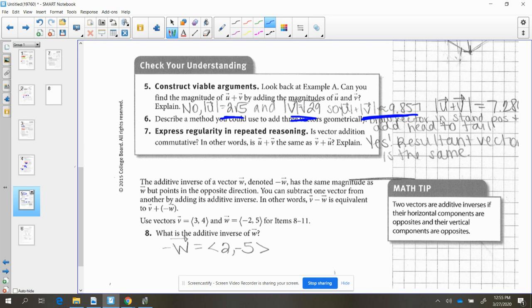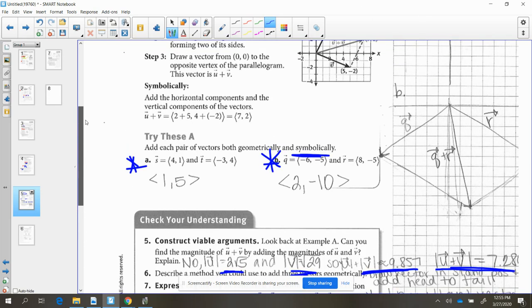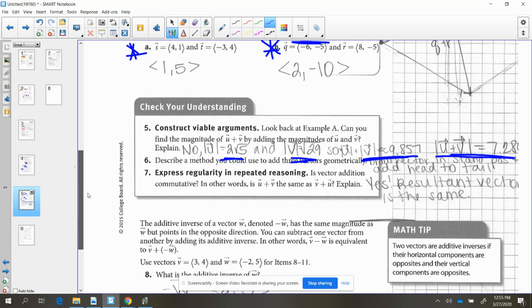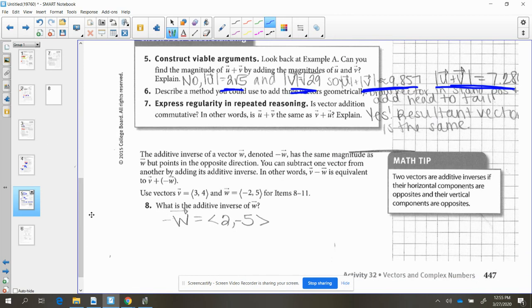Notice that the individual magnitudes added together are not the same as that resultant vector's magnitude. Using the example from up above again, when we found the magnitude of 7, 2, it was not the same as the two individuals added together. So when they ask you for the magnitude of u plus v, it is different than just taking the magnitude of u plus the magnitude of v.